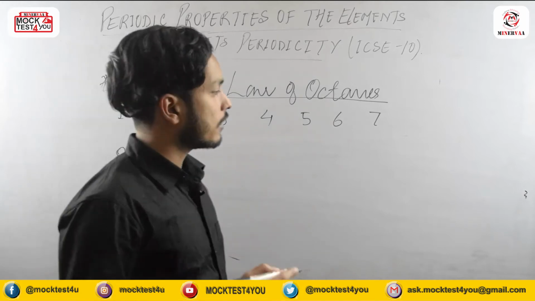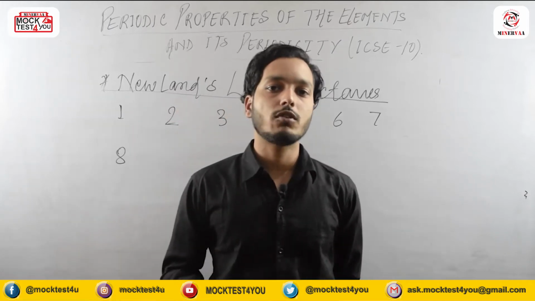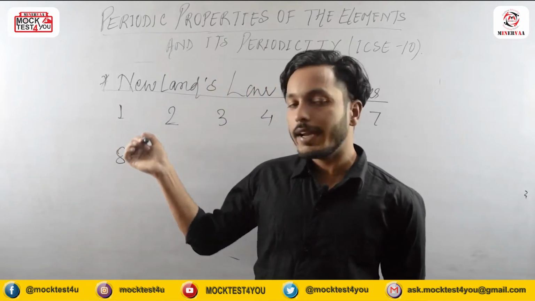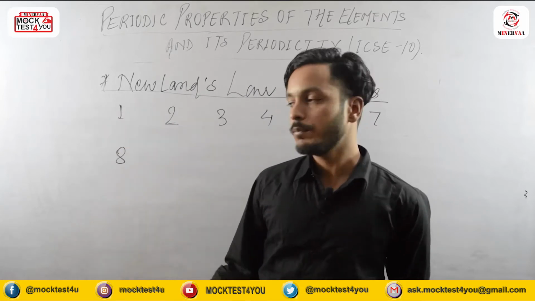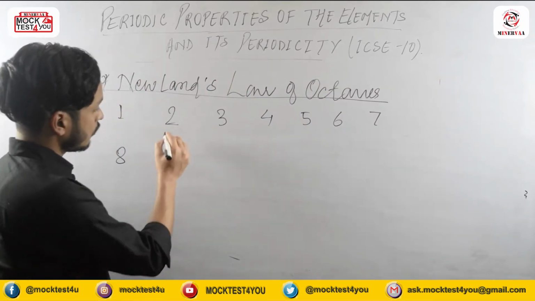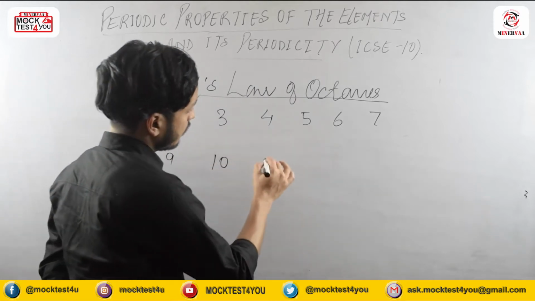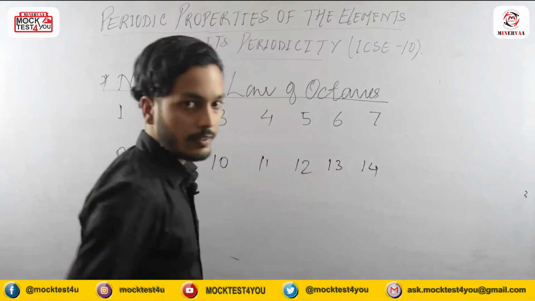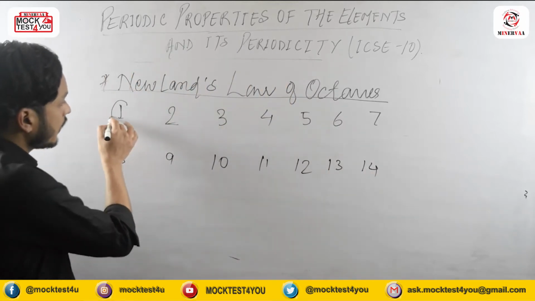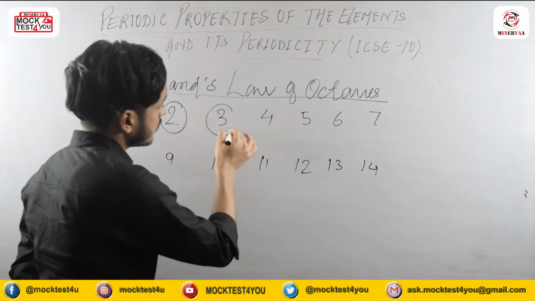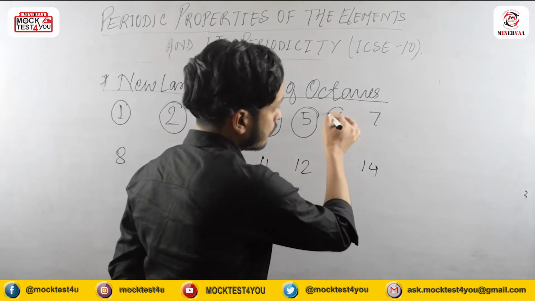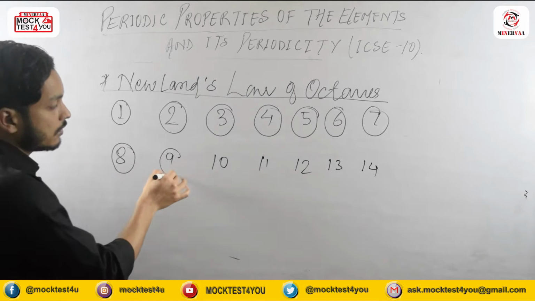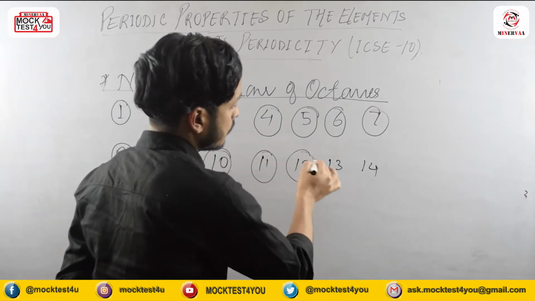Especially the chemical property of the 8th element will be similar to the first one. So for 1 it will be 8, for 2 it will be 9, for 3 it will be 10, for 4 it will be 11, then 12, 13 and 14.